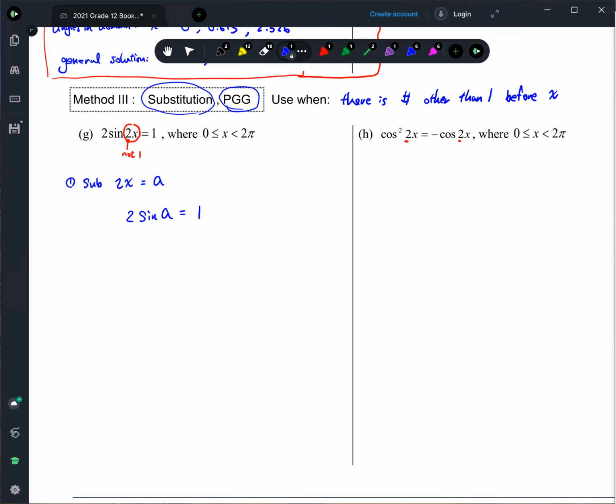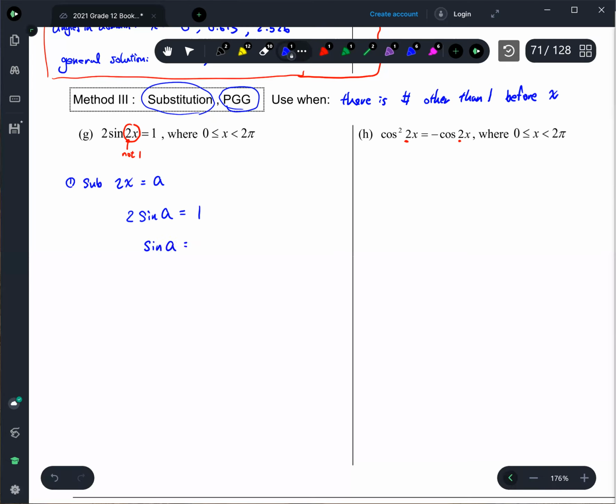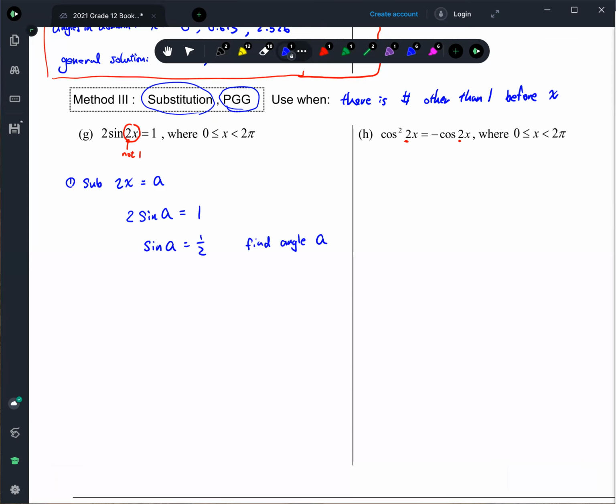From here we can just do what we did before, because it's no different from other questions. So we solve for sine A, isolate sine, and then find the angles. So please find angle A.